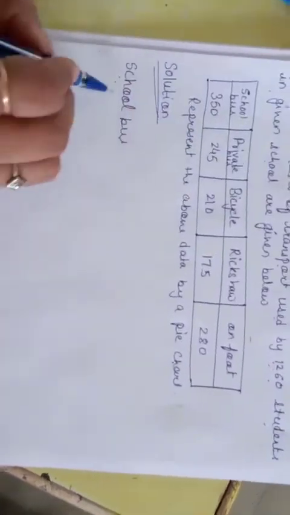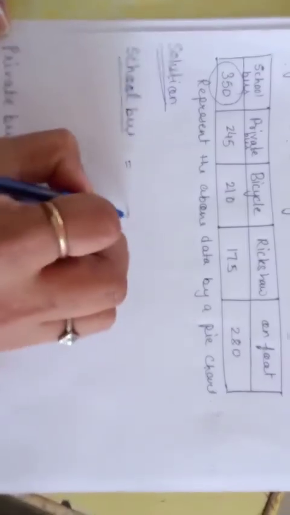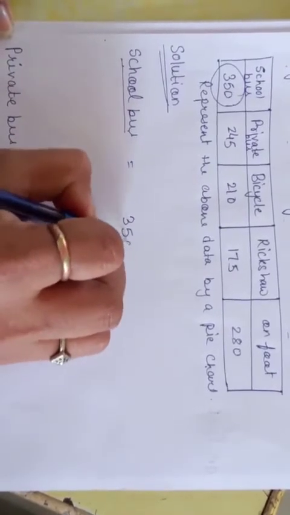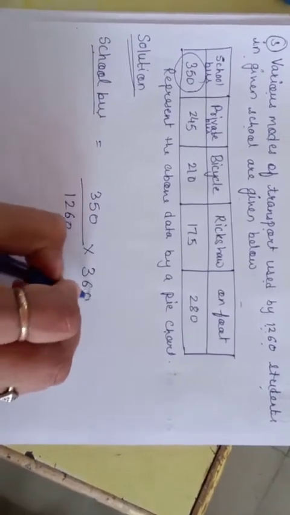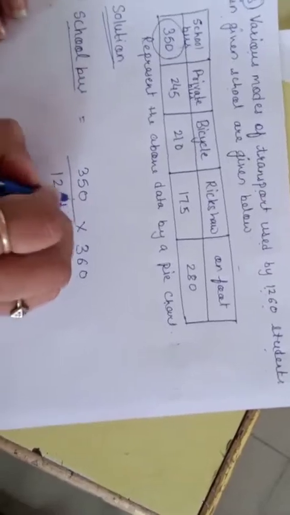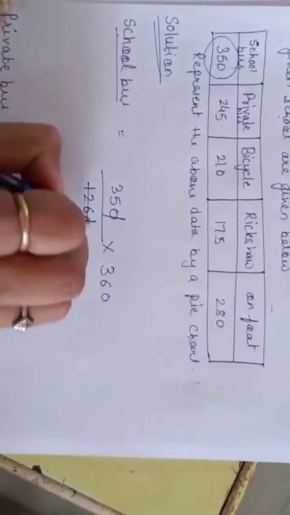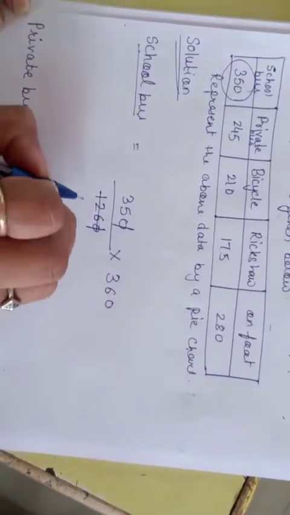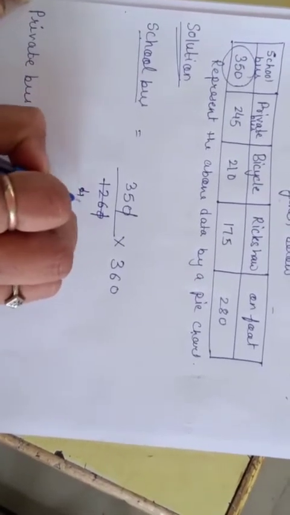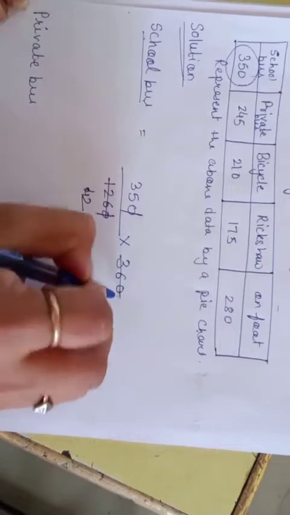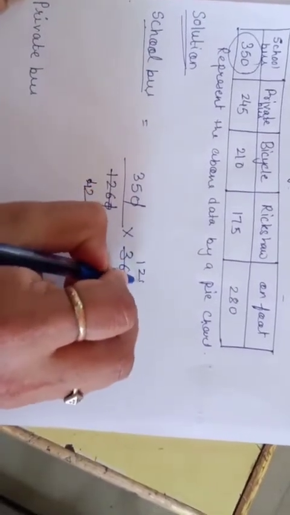So let's see. School bus. Now what is the value of school bus? 350. So 350 over the total students 1260, into 360. Okay. Now we will be cutting these two numbers and solving it. Now divided by 3, it's 42. Now this will be 120.